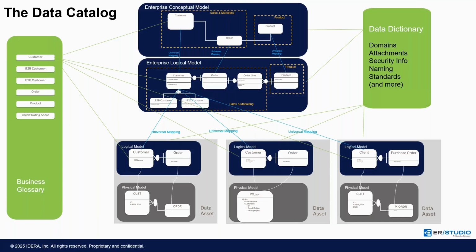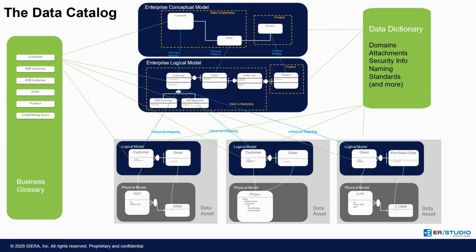These can be related to our data governance definitions. They can also support things like naming standards, so that as we're working with physical models that are representing physical table names, we may want to translate those automatically into more business-friendly names for the logical layer. It can help us do things like that.